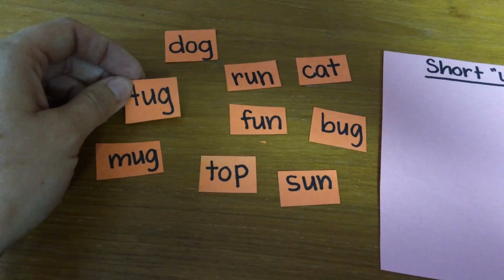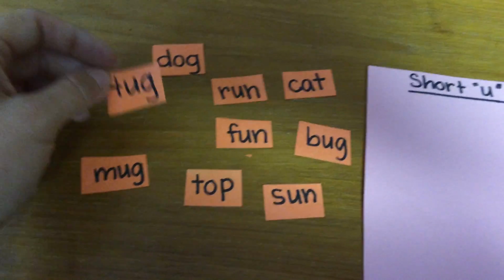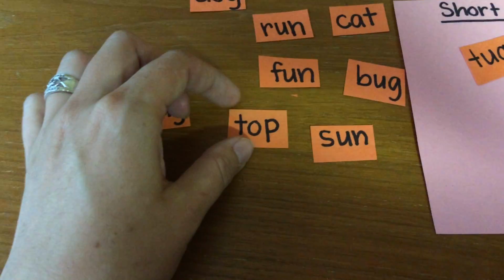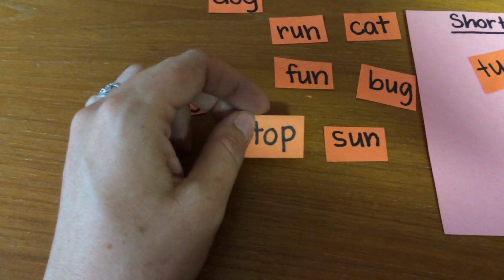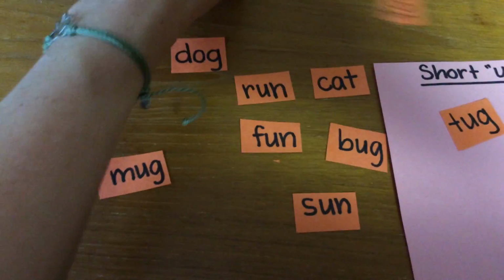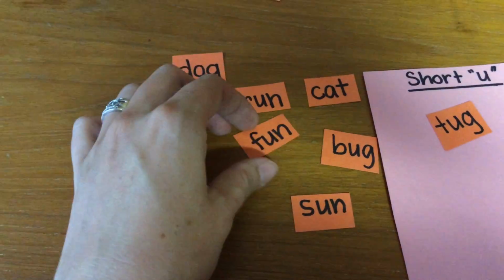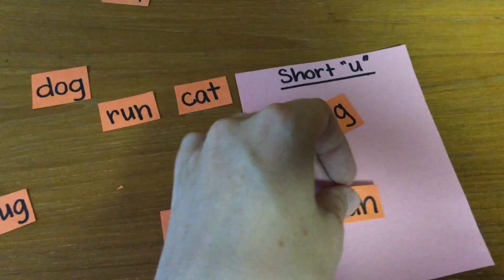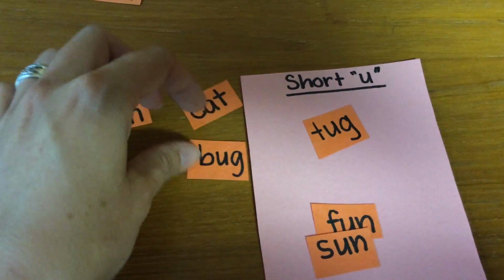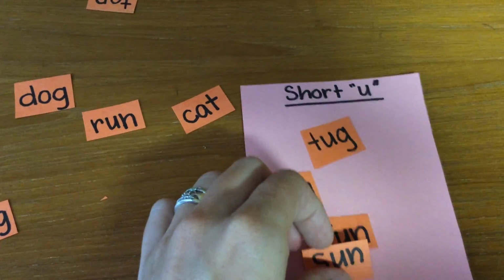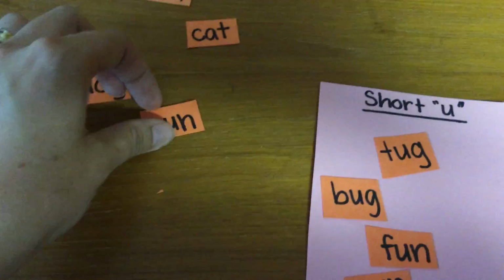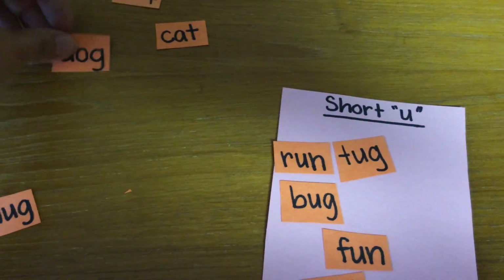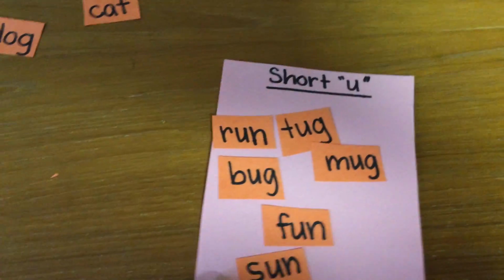Tug. Do we hear the sound in tug? We do. Top. Do we hear the sound in top? No, we do not. Fun. Do we hear the sound in fun? We sure do. So after we glue all of the right words together, I would ask the students to say all of these words together and what they all have in common.